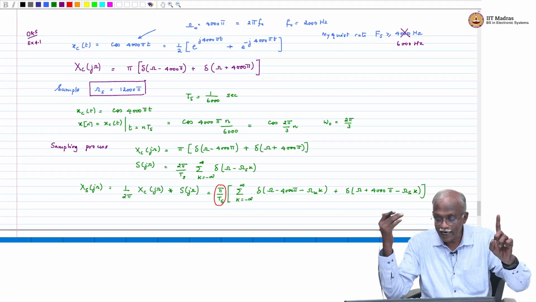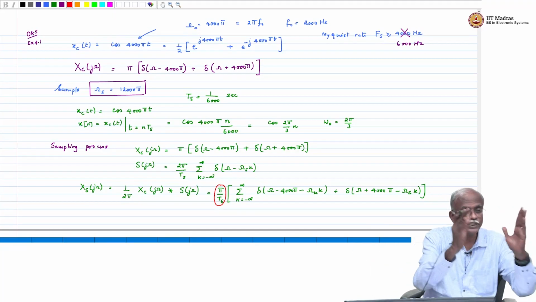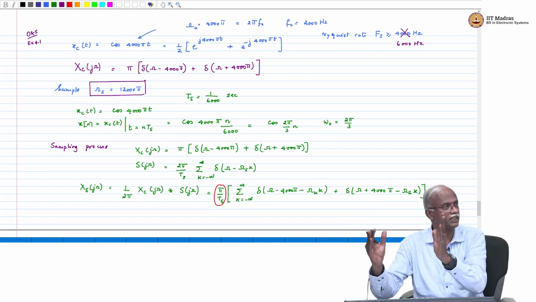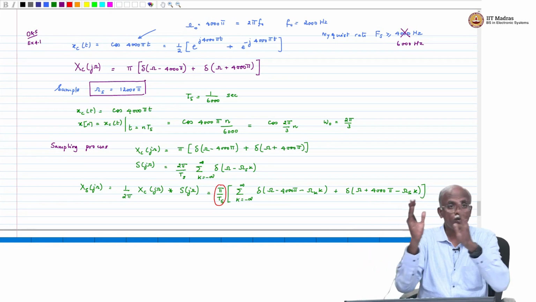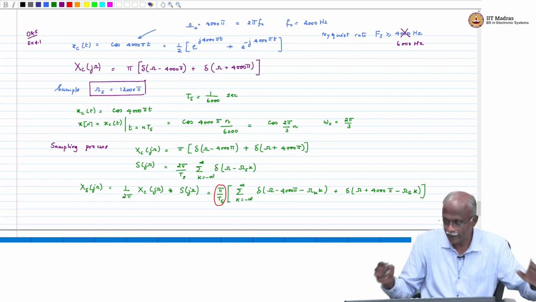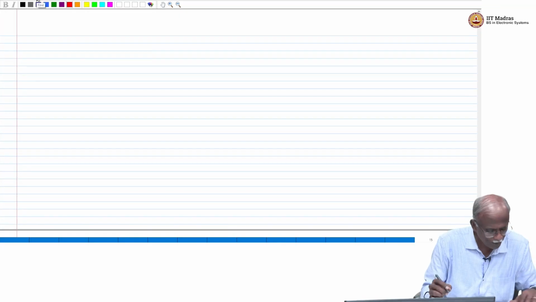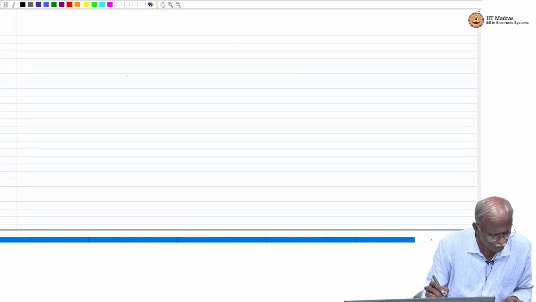Now, when you take k equal to 1, these two delta functions will be shifted over by the sampling frequency, which is 12,000 pi. For k equal to minus 1, they will be shifted to the other side. So let us write it down numerically, and then you will be able to appreciate it in a very simple manner. Okay.